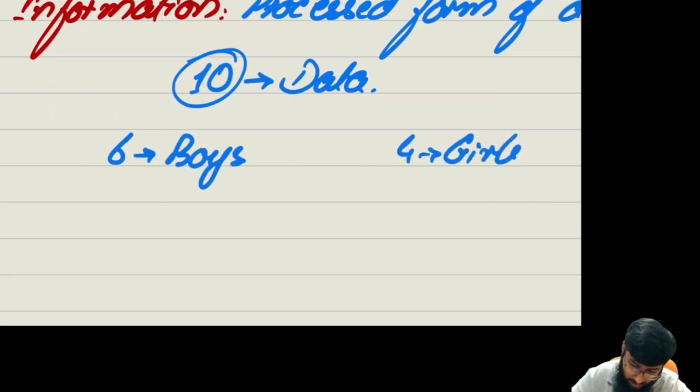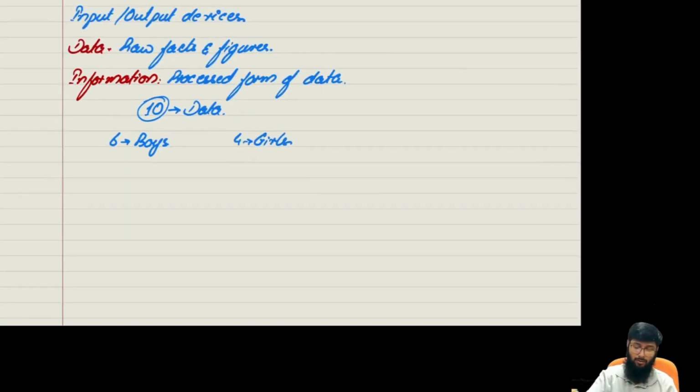So you have processed that number 10, and processed data is known as information.